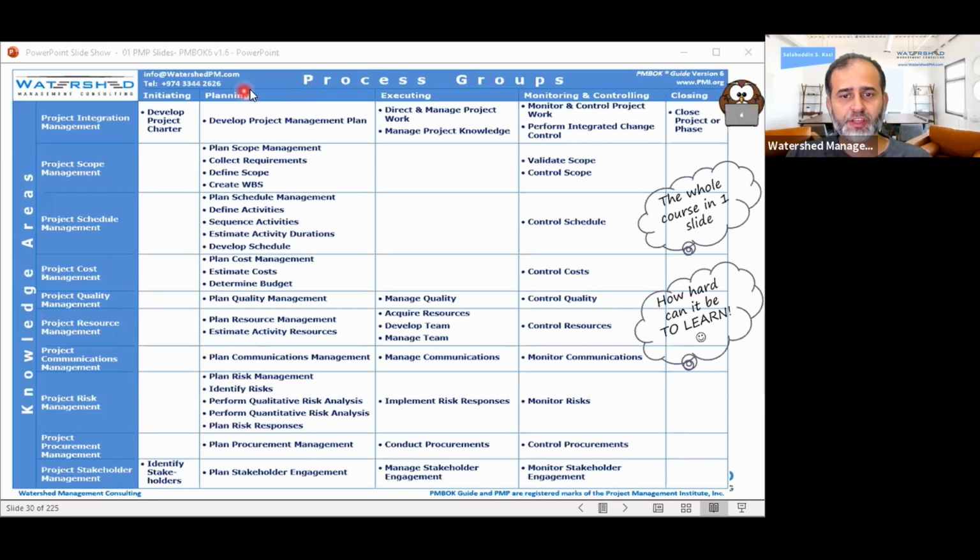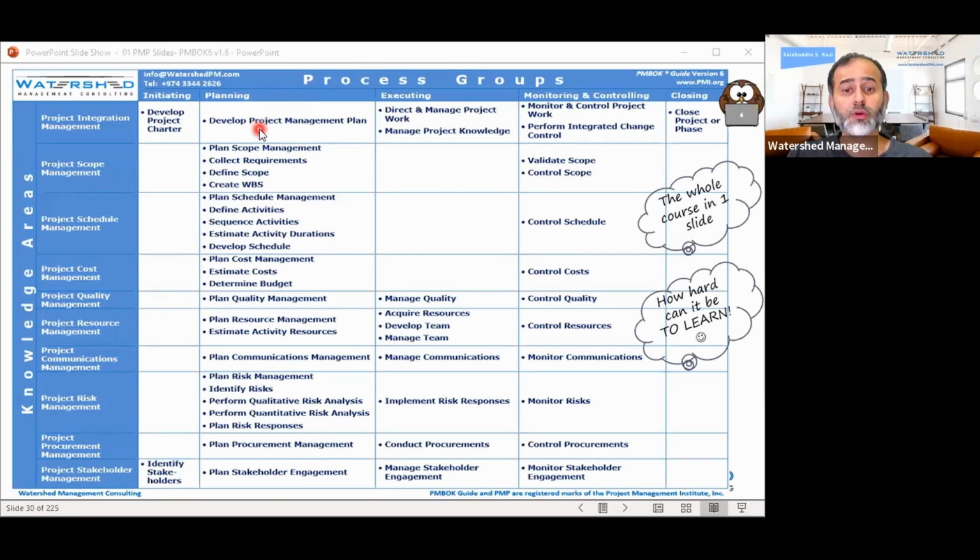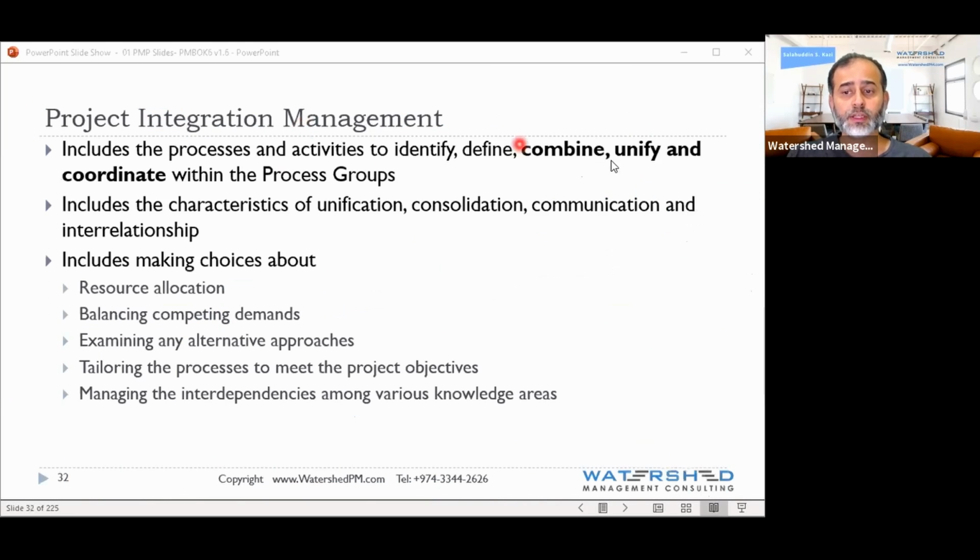By the time you finish planning, don't you put everything together and call it the project management plan? Yeah. So that's another role of your integration. What is the other role of integration? Combine things. Combine what? Everything coming out of the remaining process groups.